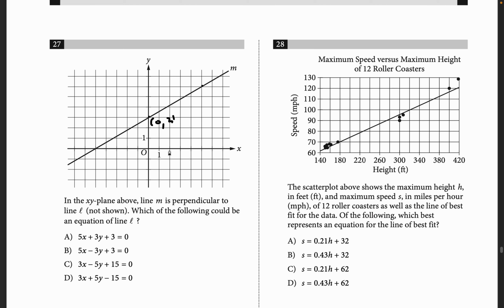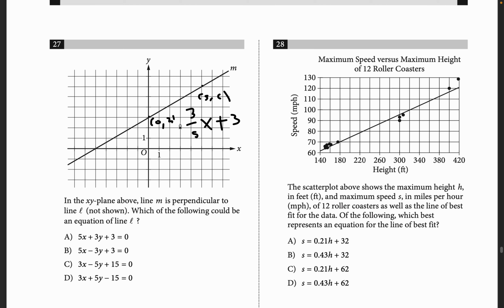Okay, this point, 5, 6. Then we can do the slope formula. 6 minus 3 is 3. 5 minus 0 is 5. So this is a slope of 3/5. So y equals 3/5 x plus 3.